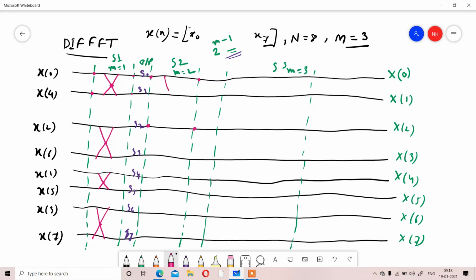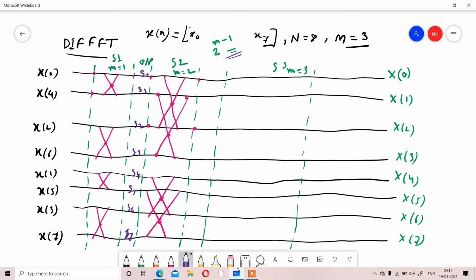So you have to design the first butterfly considering these 2 bits, and then S1 is not used, so S1 will be connected to 2 gap S3. That will be your next butterfly. Similarly, S4 will be connected to S6, and S5 will be connected to S7 for stage 2.